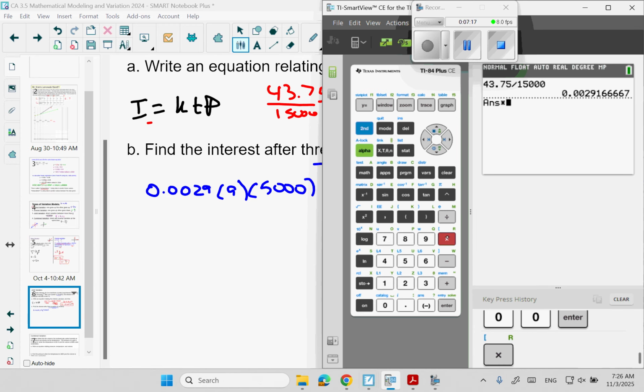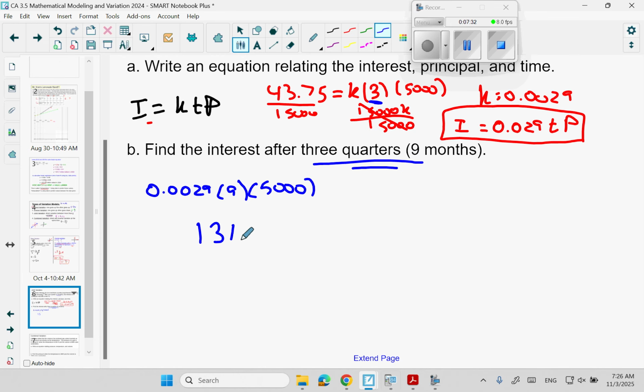Now again, I'm going to use this value right here. So if you just plug this in, it'd be a little bit different because obviously we're rounding here. So we get 131.25. That would be the interest.